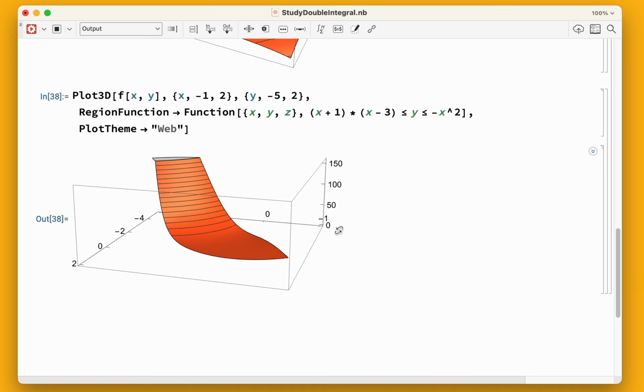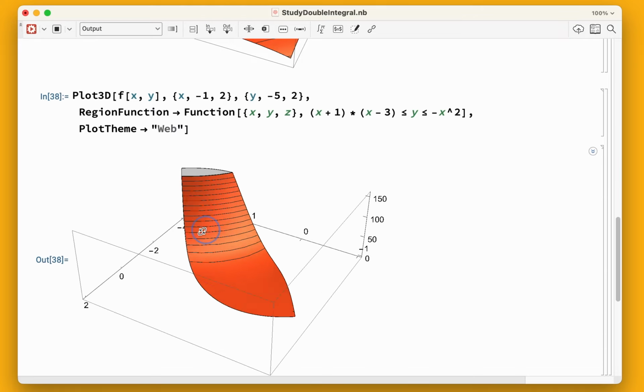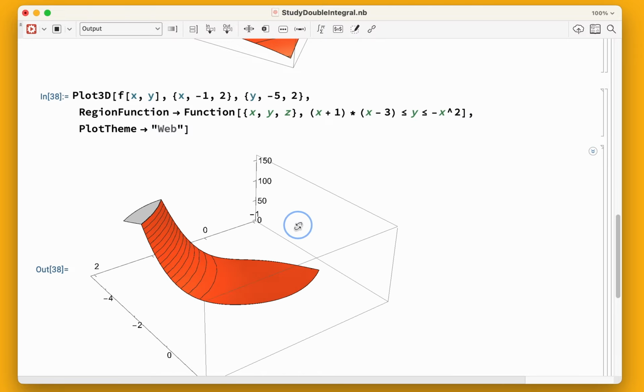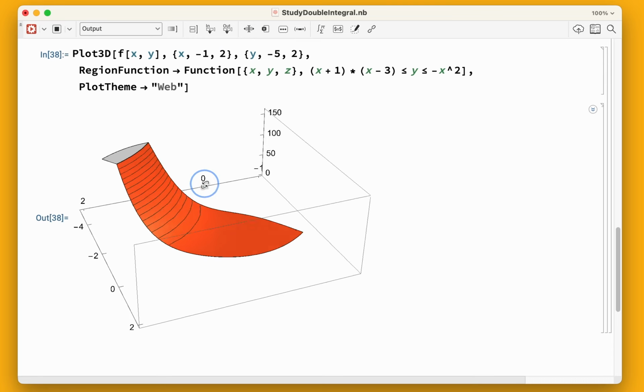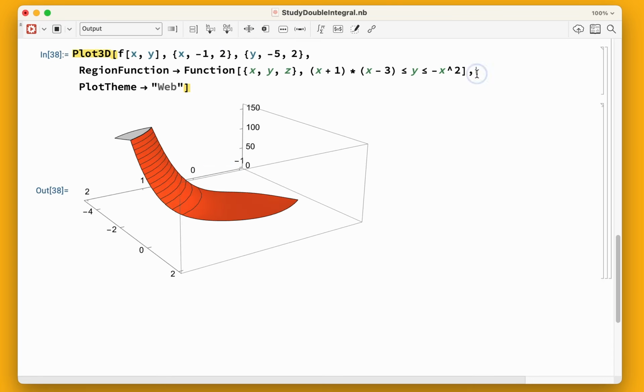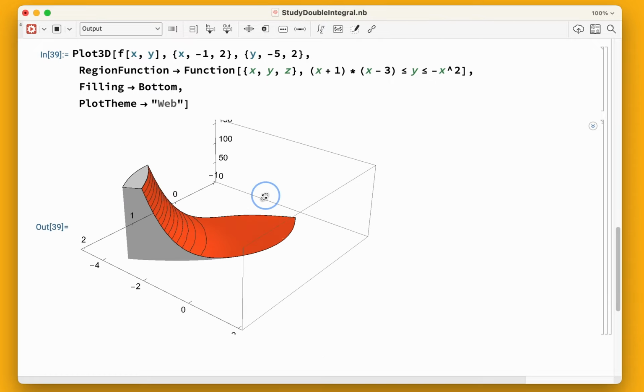So what we are basically trying here is to calculate the volume of this function, meaning this part of the terrain, this part of the hilly area that we are seeing here. To better visualize it in that manner, we can add a filling. Yeah, now it looks better.